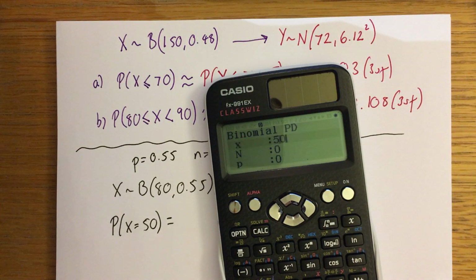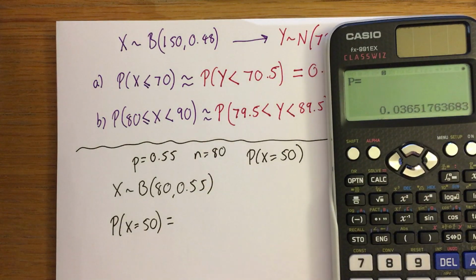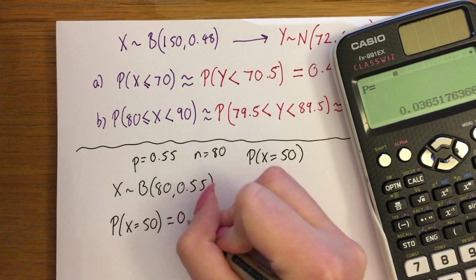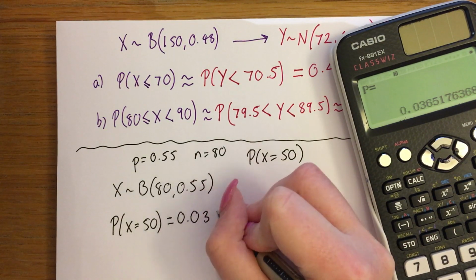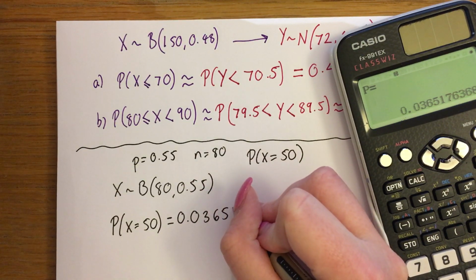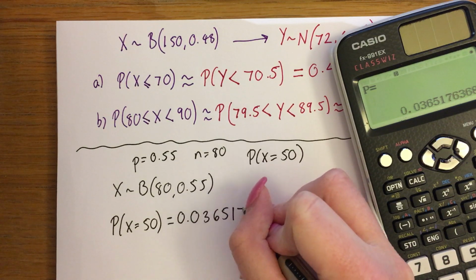Variable, so X is 50, N is 80, and my probability of success is 0.55. So the probability of getting 50 occurrences is 0.0365176.